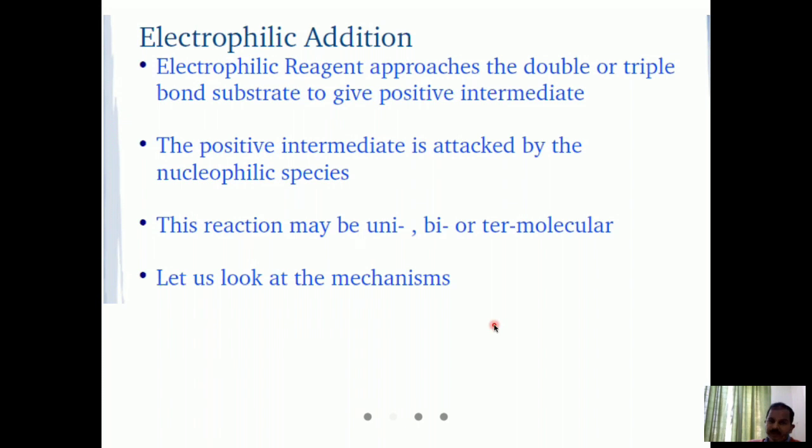Then that positive charge containing intermediate will be attacked by the nucleophilic species, and the reaction will be completed. The reaction may be unimolecular, bimolecular, or termolecular.